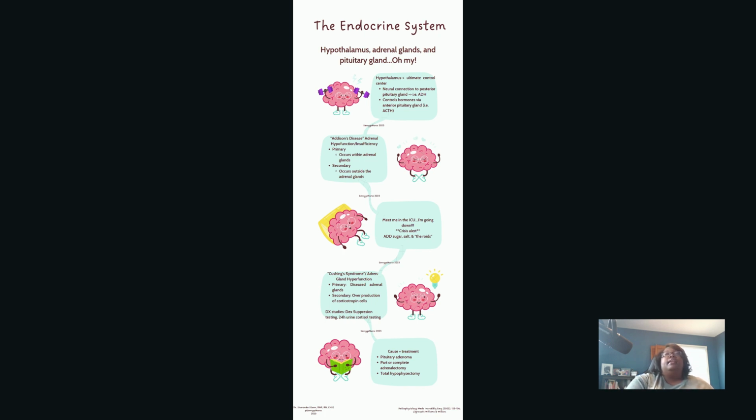Now that we have all those things in mind, understanding that patho is going to help inform what our assessment will look like. When we get into Addison's, this is adrenal hypofunction and insufficiency, and I wrote it like this strategically.